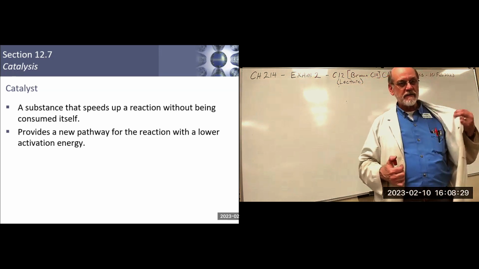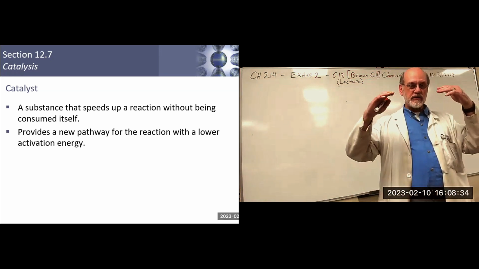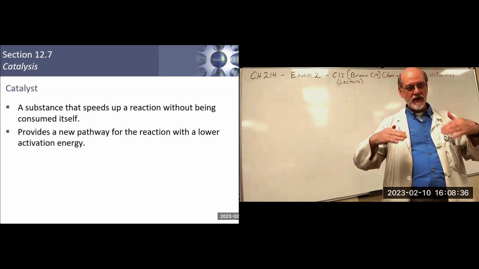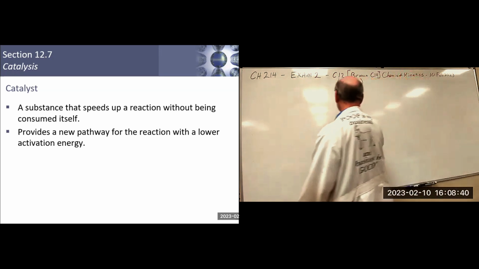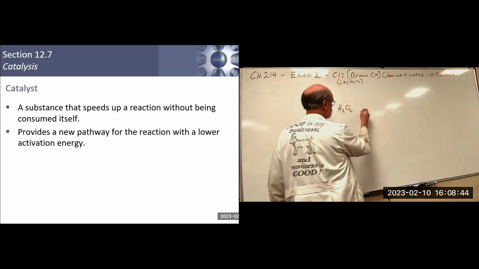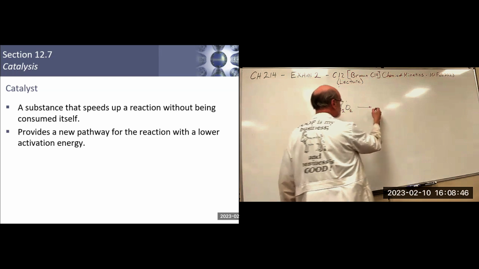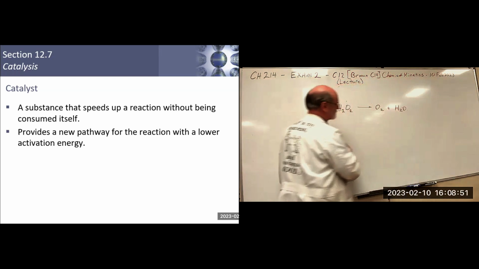Actually, what happens is when you introduce a catalyst, you are changing the structure of the elementary steps of the reaction. So let's say we've got a reaction where hydrogen peroxide decomposes into oxygen and water. That's not balanced.